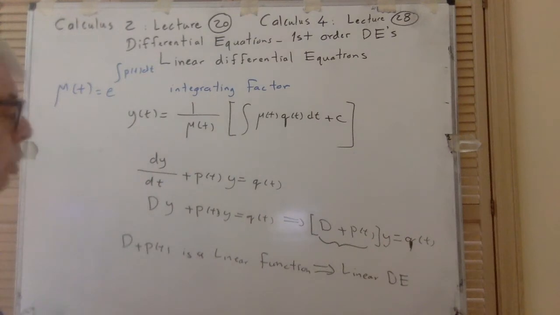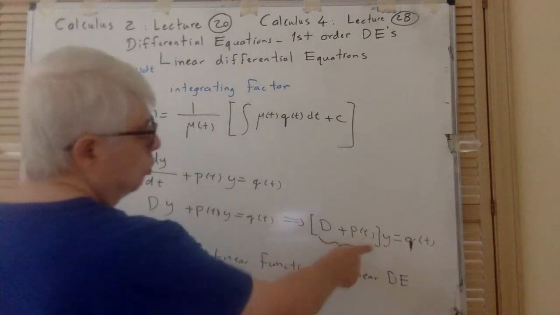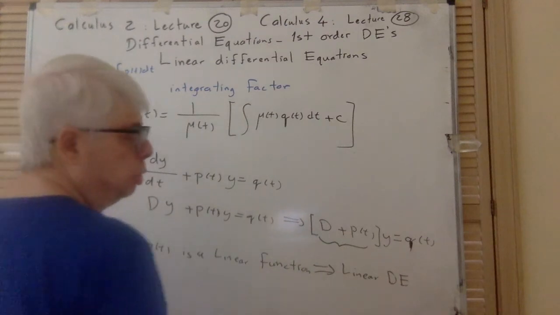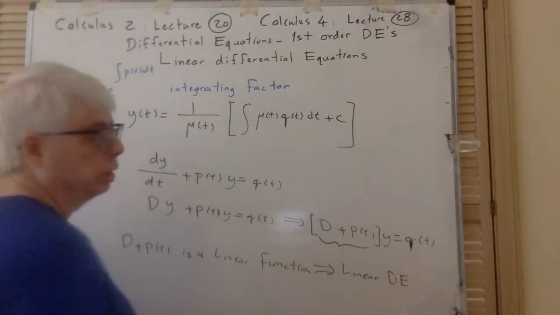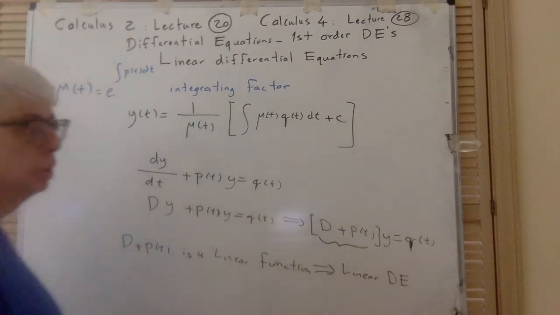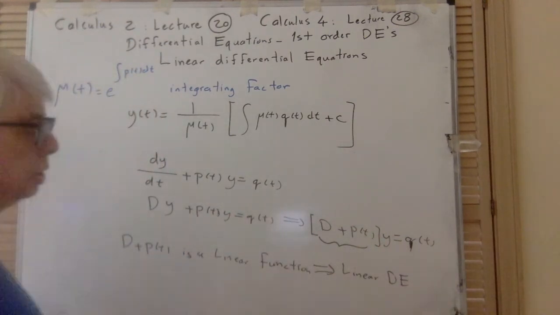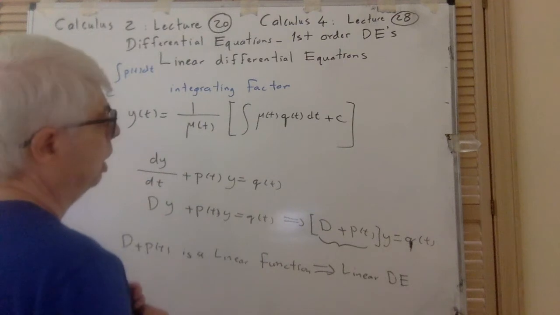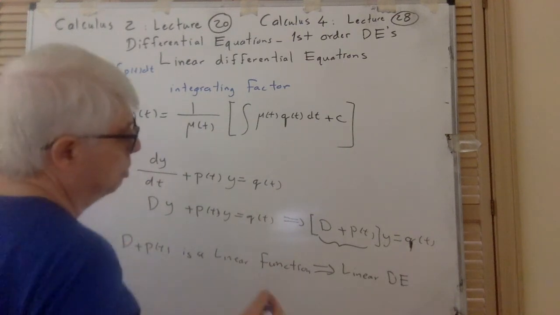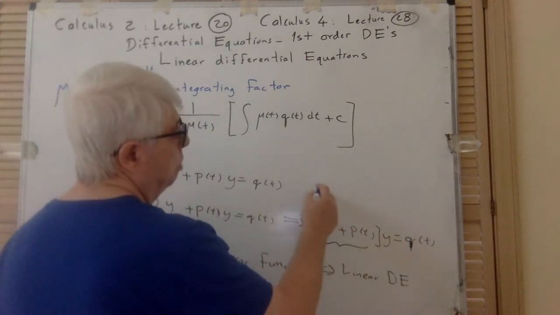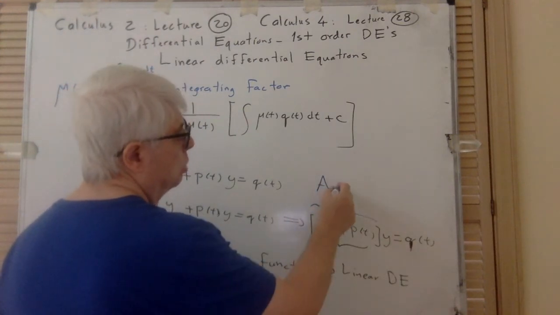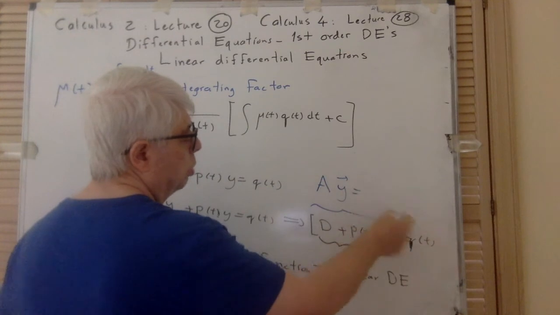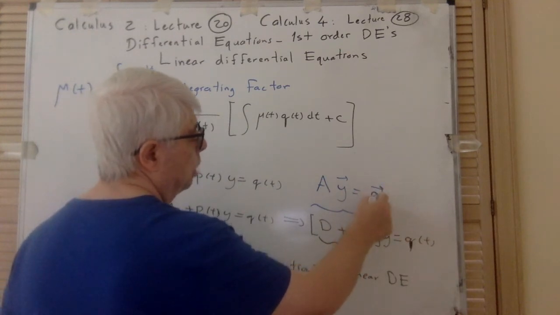And remember what a linear function was? If you apply it to y1 plus y2, it distributes over addition. And if you write k times y, the k comes out of the operator. So, with what we had in systems of equations, this is like that matrix A times some vector y equals some vector q. Just compare.